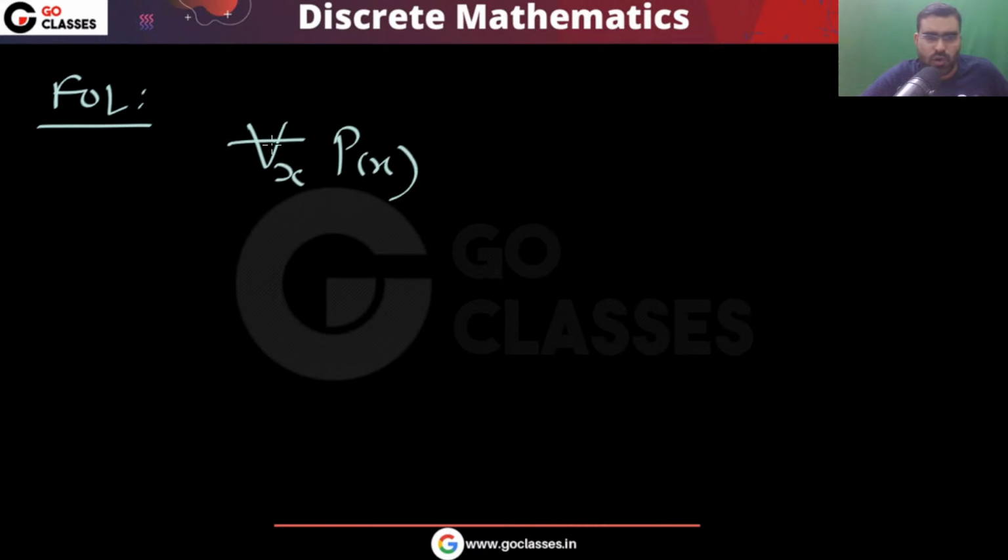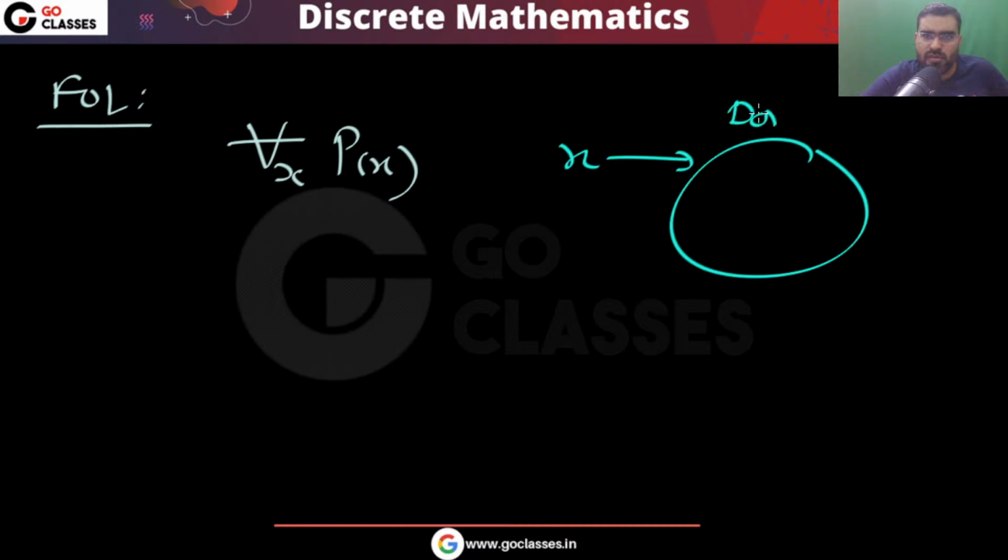So if I give you this expression in first order logic, for all x, px, and of course this x has a domain. Remember, this x has some domain. For example, the domain can be a, b, c, d, and so on.